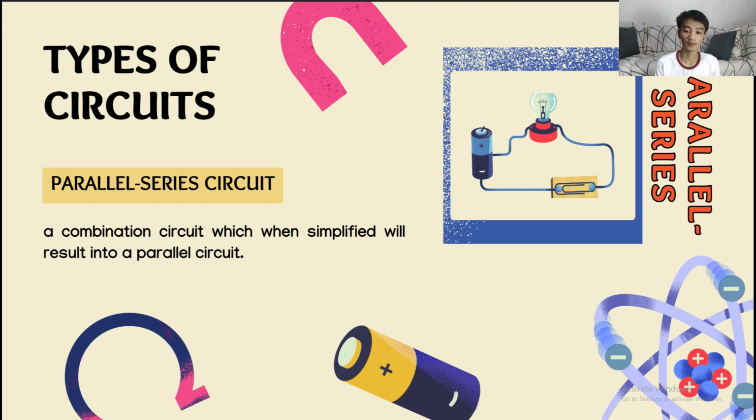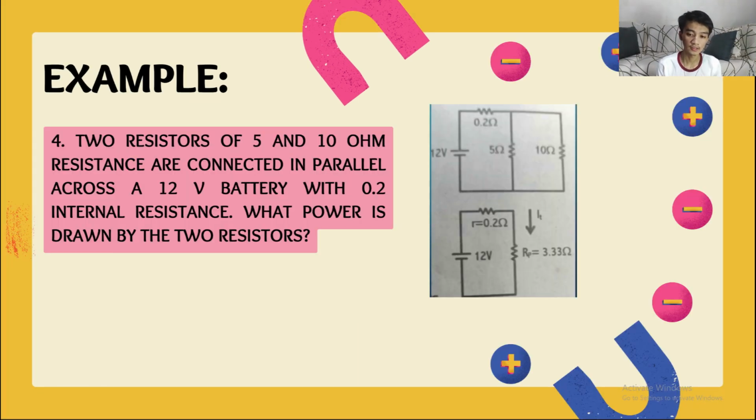To give you an example, in the problem shown here, it states that two resistors of 5 and 10 ohm resistance are connected in parallel across a 12 volt battery with 0.2 ohm internal resistance. What power is drawn by the two resistors? The diagram shown on the right shows the two resistors being parallel to each other. When solved together, it then forms a series connection to the internal resistor.